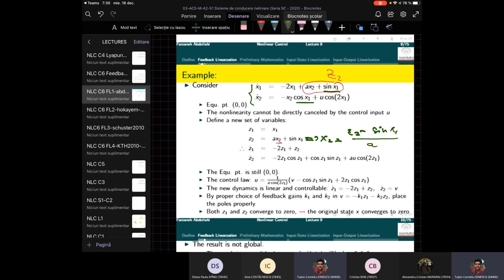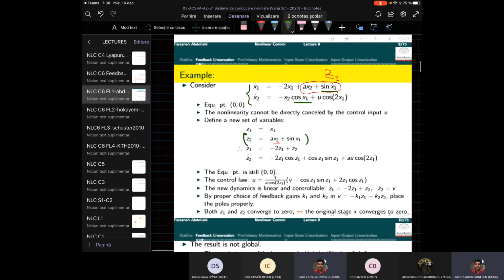Is this correct? I have no idea. But actually I need to compute Z2 dot, so this is wrong. Nope, this is not it. You just take d dt over this equation.